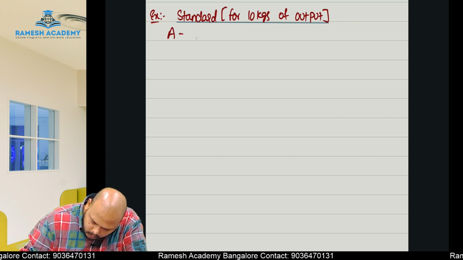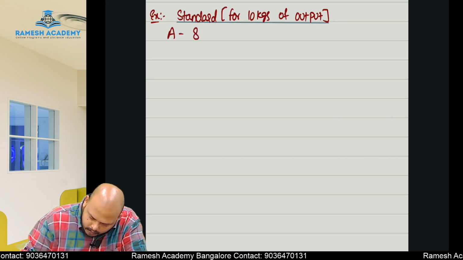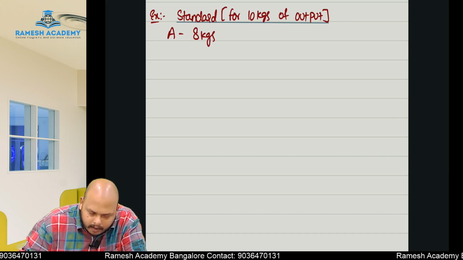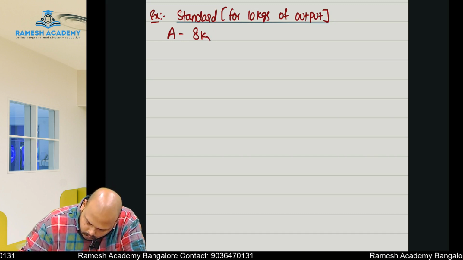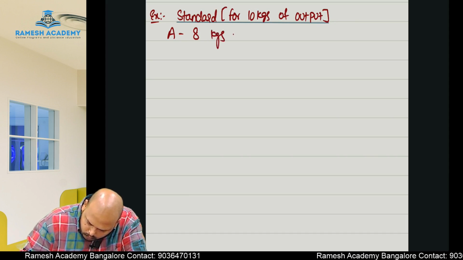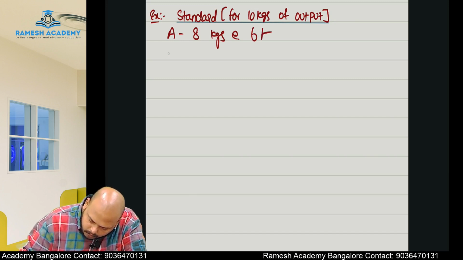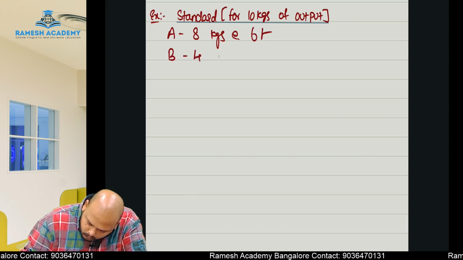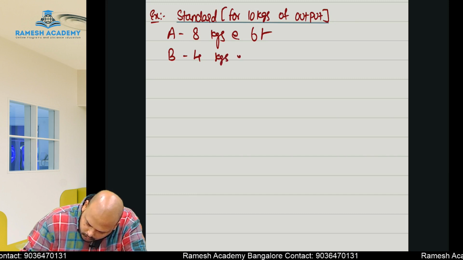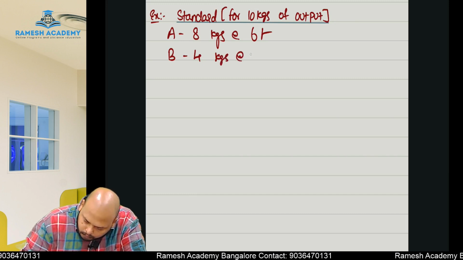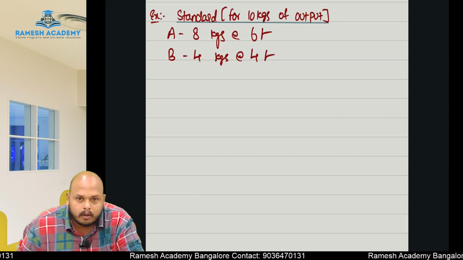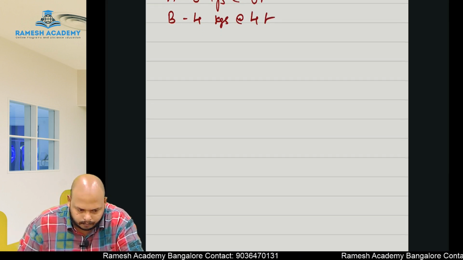One is raw material A: 8 kgs at the rate of 6 rupees. B: 4 kgs at the rate of 4 rupees per kg. Okay?